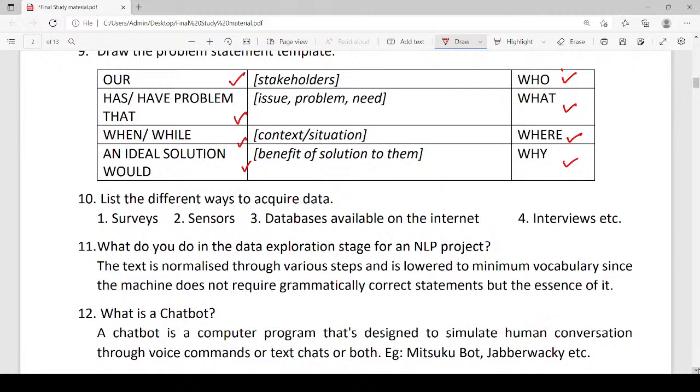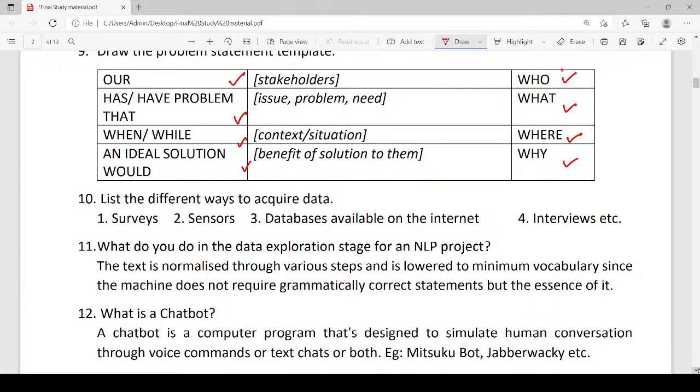You could give examples. So if you remember what we learned in the book, the Mitsuku bot, which is currently known as Kuki, Jabberwacky. Do you know any other names for the chatbots that we've gone through in the textbook? There are 4 more chatbots that were mentioned in the textbook.